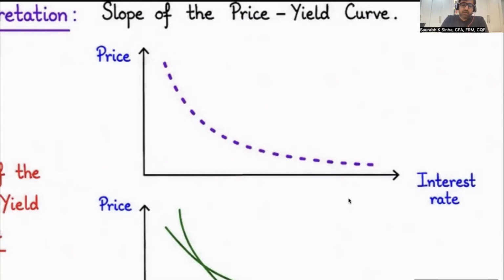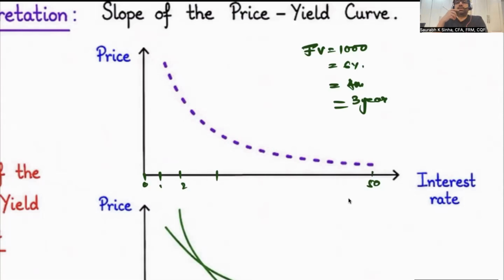So assume I give you a bond which has a face value of 1000, coupon 6%, frequency annual, maturity 3 years, and I want to know what the bond price would be for different interest rates. If you plot all the prices of the bond for different interest rates, 0%, 1%, 2%, 3%, till 50%, you will get a curve, not a straight line.